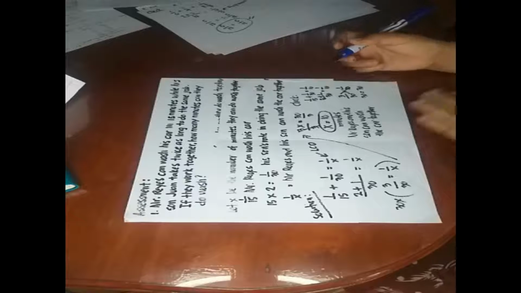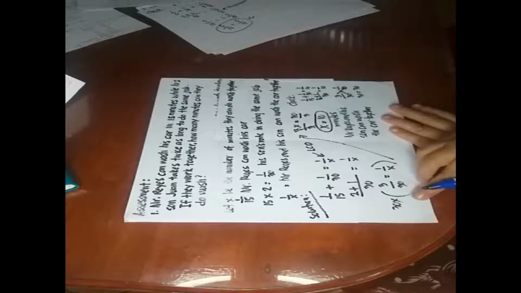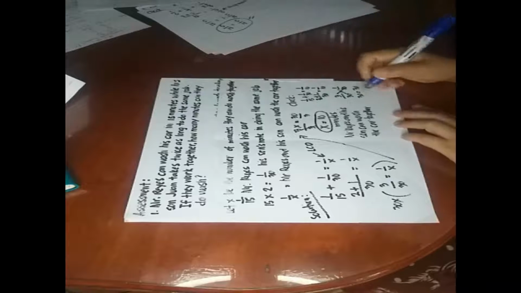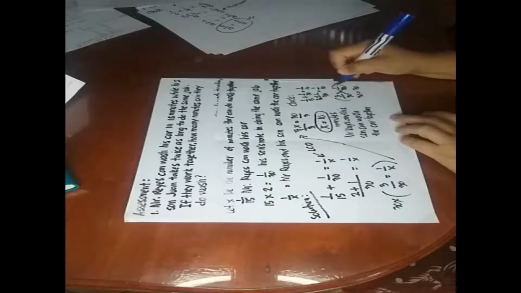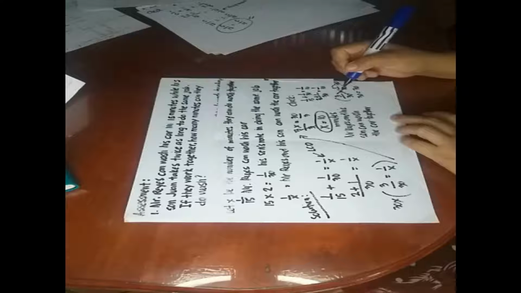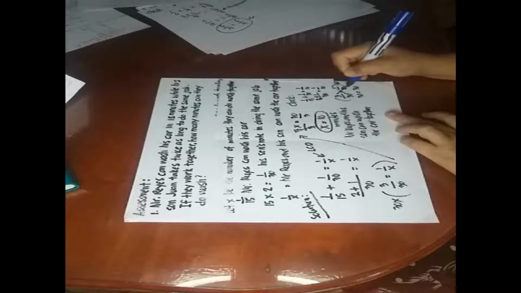Pwede po, aside from cross multiplication, you can also perform like this. Multiply the terms by the denominator. 30 divided by 30 is 1 times 3 is 3. 30 divided by 10 is 3, times 1 is 3.